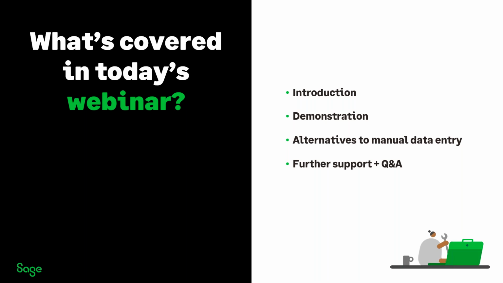In this case, there's a number of ways to achieve the same result, so I want to quickly mention those. On the handout, as I mentioned, I have included links where you can watch videos on those alternatives as well. Just at the end, I'll explain more about the additional support that is available to you. And then if there is anything outstanding or you have any last minute questions, get them submitted and I'll try and pick those up as well.